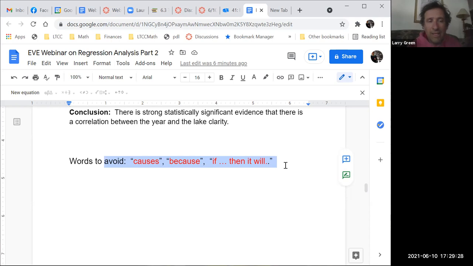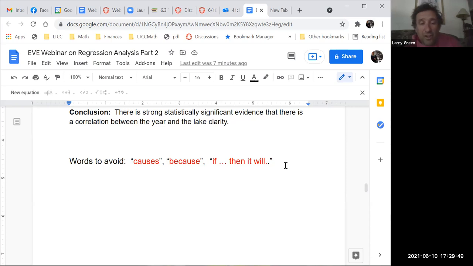Any questions on this idea? Sometimes there's causation, sometimes there isn't, but it's not the statistics that's going to establish that. Any questions on these words to avoid?